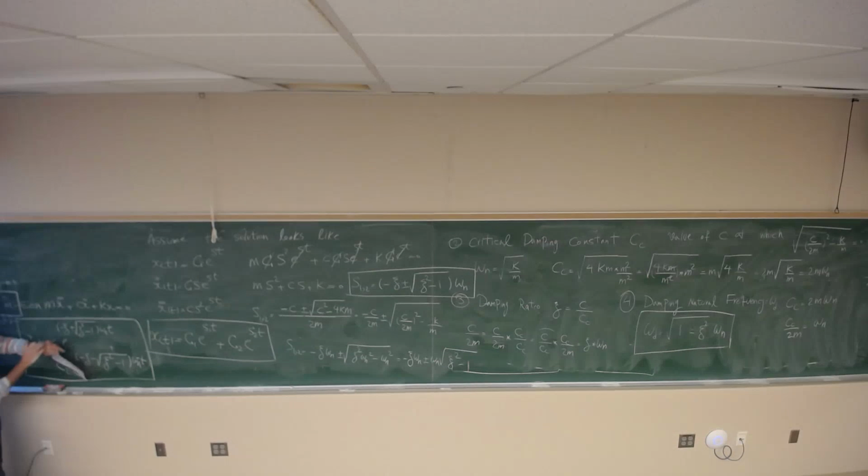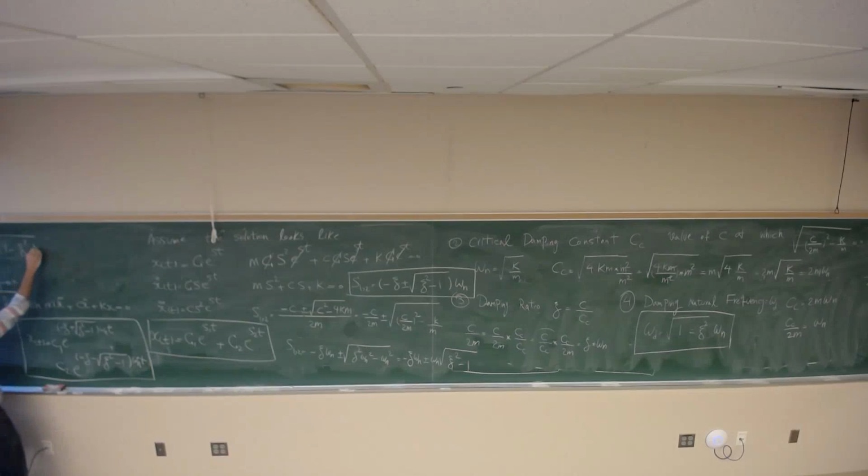Now, here we have the square root of zeta squared minus 1. If I change this to the square root of negative 1 multiplied by the square root of 1 minus zeta squared, the square root of negative 1 can be written as i.